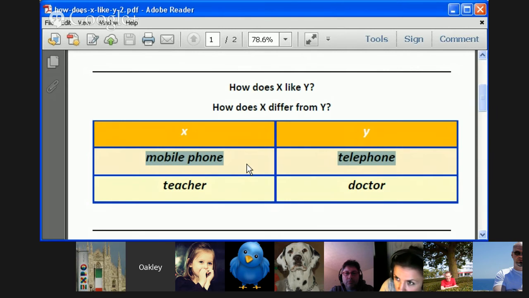Because you can communication with people, and they are different because with mobile phone you can use mobile phone wherever you want, and you can use telephone in a specific place. Okay, very good. Now, you missed one tiny thing.